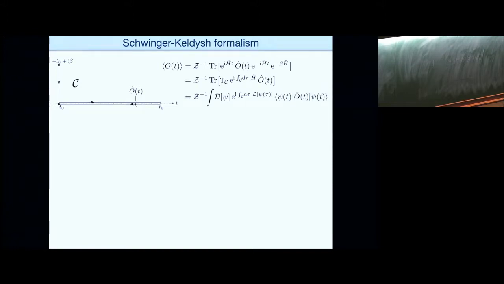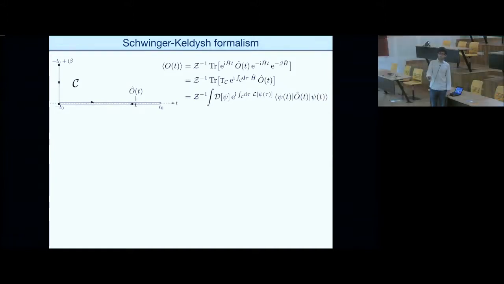And then you end up with this path integral formalism where you're summing over all possible trajectories of your quantum field that live here on this equilibrium branch, plus branch, minus branch. This is your action, which is basically the integral of the Lagrangian of your system. And here you're measuring some operator at time t on the plus branch.